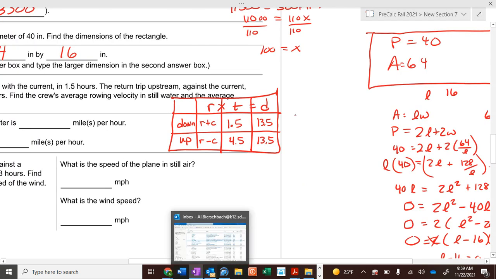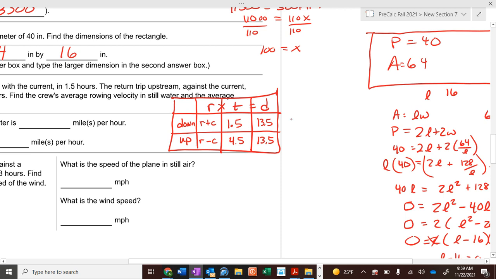So what you do is you take 1.5 times R plus C equals 13.5. And 4.5 times R minus C equals 13.5. Okay? Now, I could distribute through if you wanted to, or I could divide on each side.